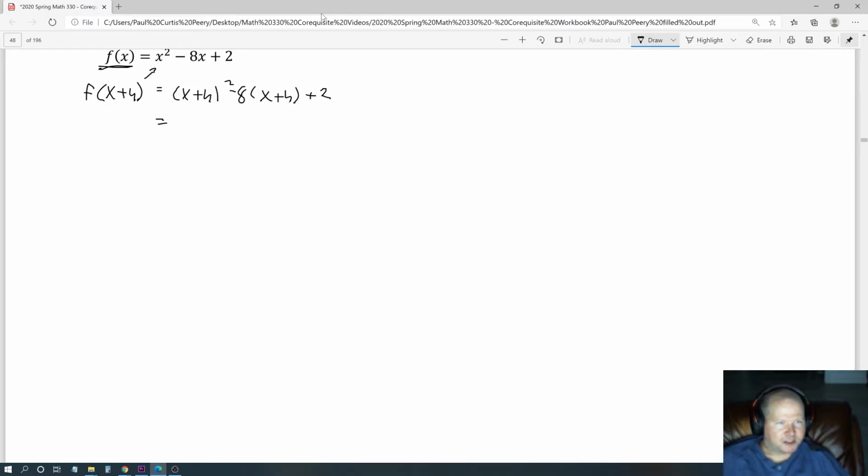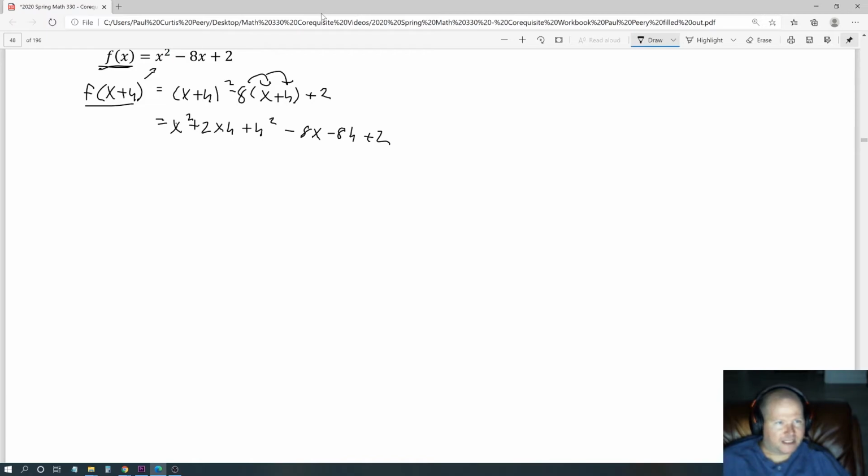I'm going to use a pattern on this one, so that's just going to give me an x squared plus 2xh plus h squared minus 8 times x, which is -8x, -8 times h, which is -8h plus 2. So that is what this is going to be. Do we have any like terms to combine here? We have an x squared plus 2xh plus h squared minus 8x minus 8h plus 2. It does not look like anything is going to cancel out on this.